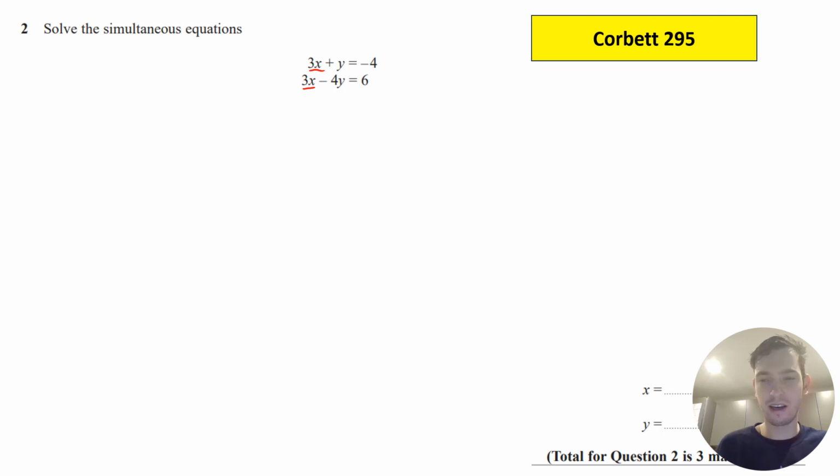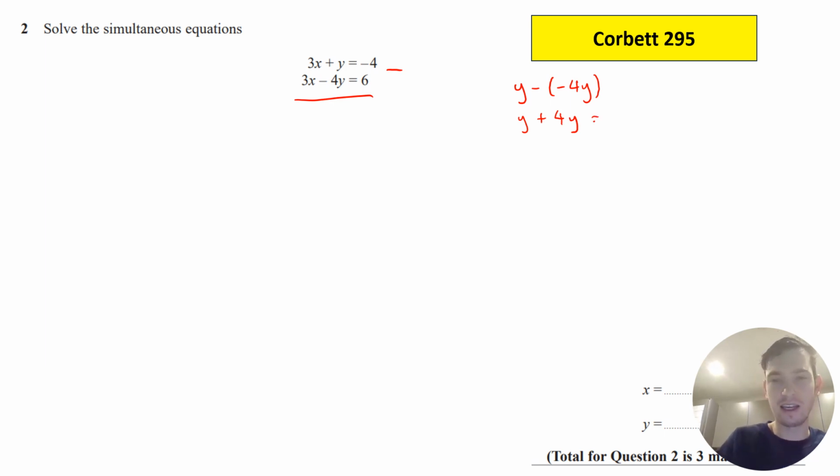Okay, but now I need to decide whether I add or subtract. I know that I want to get rid of the x's, so I think I'm going to subtract here because 3x minus 3x equals 0. Now I need to be careful when I'm subtracting because I've got y minus minus 4y, which is y plus 4y, because when I take away a negative number, that is the same as adding.